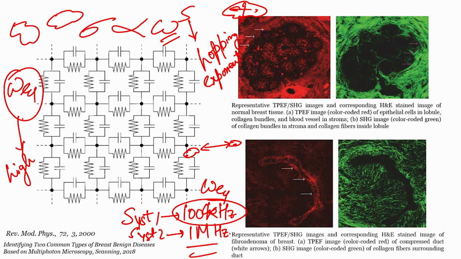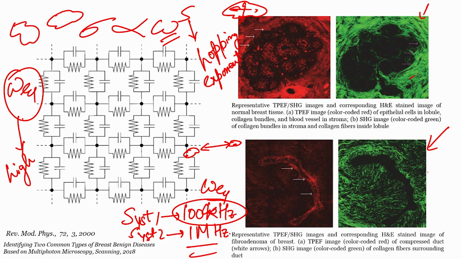So if we see in this particular system, this is the case where it is a normal breast tissue. The density of collagen fibers as found here is higher, but the tissue density overall is not that great.